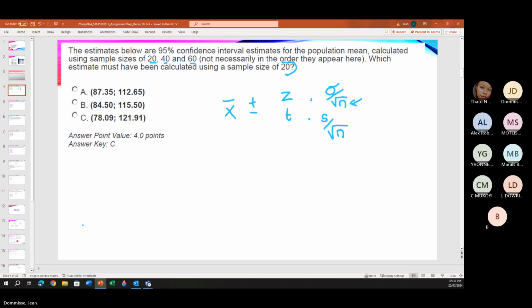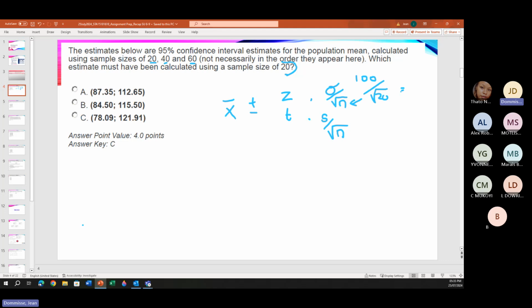So if n is 20, let's say the standard deviation was 100. If we divide by the square root of 20, let's see what happens to your standard error.